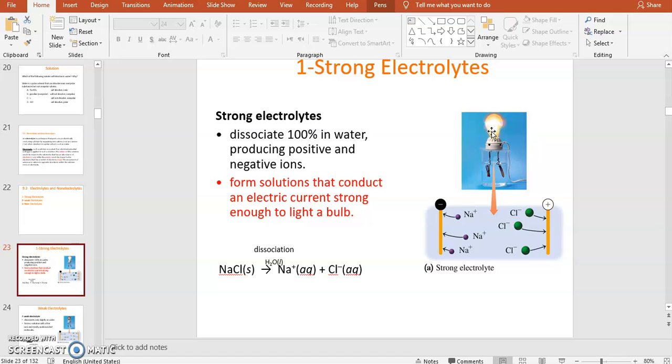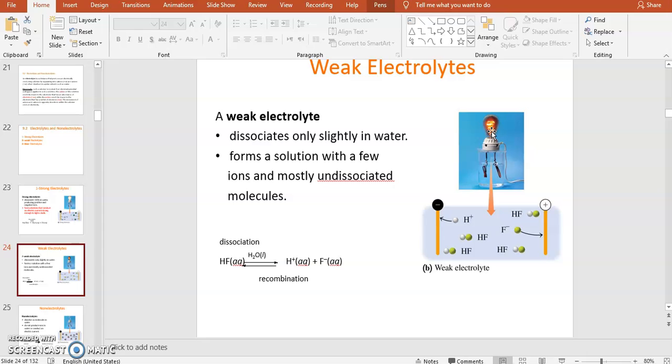It's a strong electrolyte because 100% dissociation happens in water. The weak electrolyte: the exact same experiment, but with a different solution. Here we're using HF. When HF dissociates in water, it dissociates into H plus and F negative. But as soon as they dissociate, they have the tendency to get back together to form HF again.